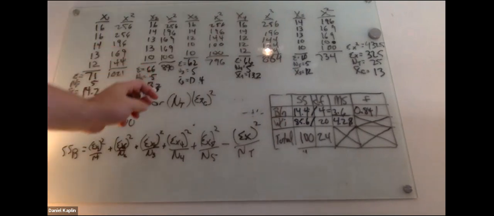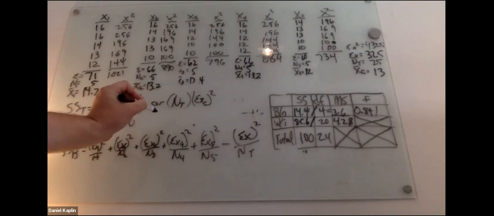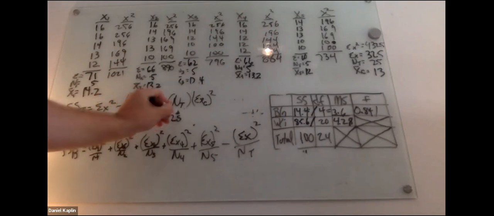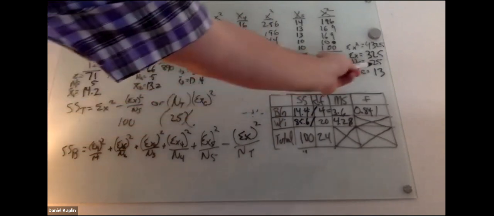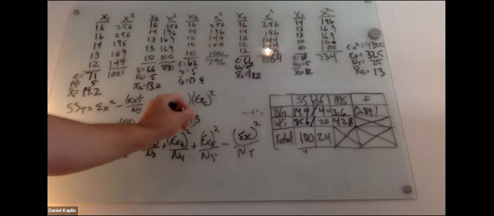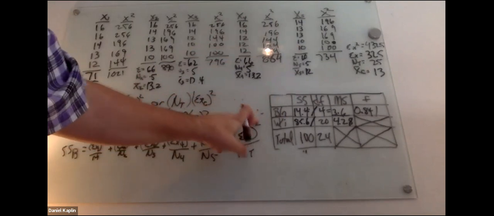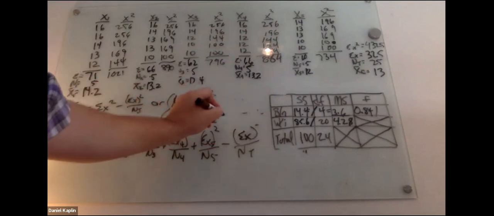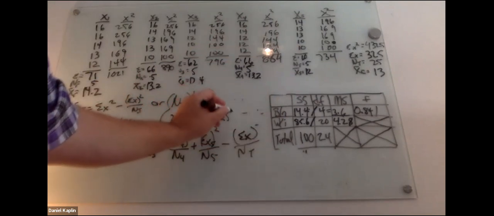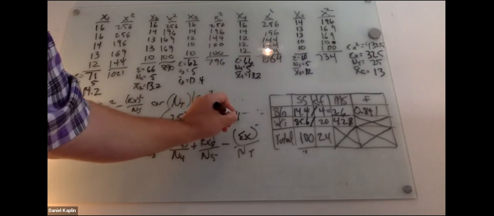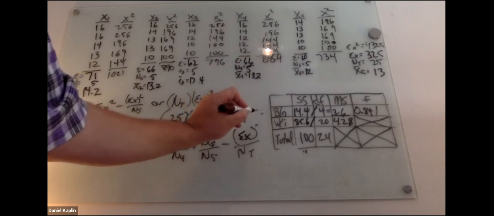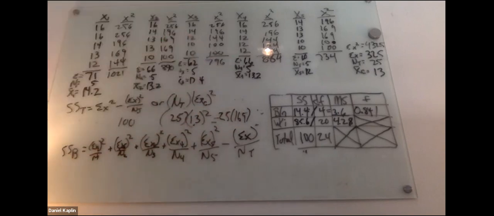Now humor me. Here's another cool formula. So n total, 25. This is a real shortcut. Times x bar g, 13 squared. So if we do that, 25 times 169, right?